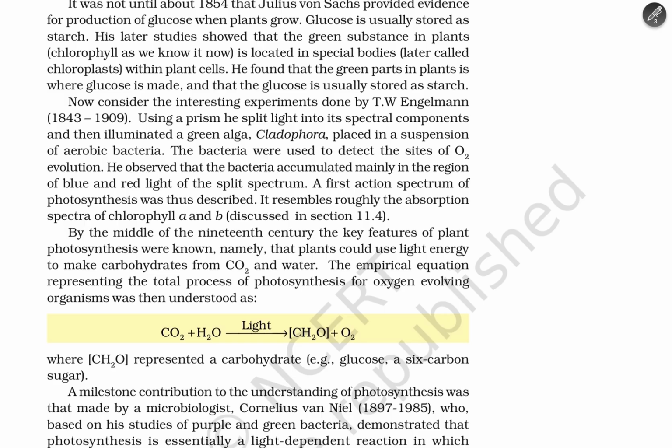The empirical equation representing the total process of photosynthesis for oxygen-evolving organisms has been understood as CO2 + H2O → (light) [CH2O] + O2, where [CH2O] represents a carbohydrate, glucose, a 6-carbon sugar.